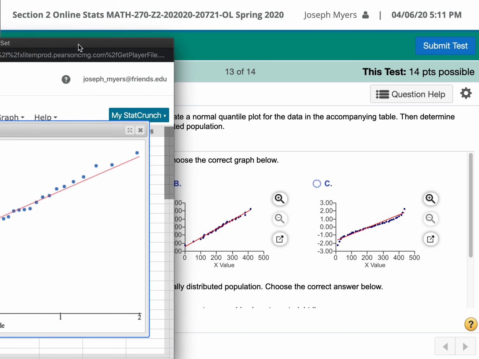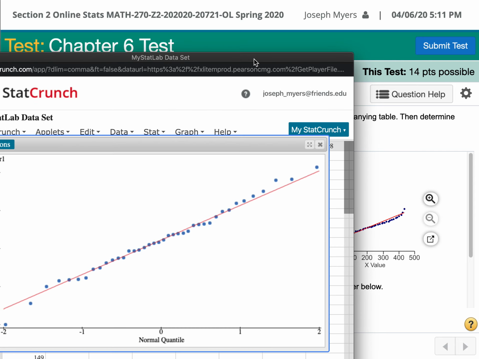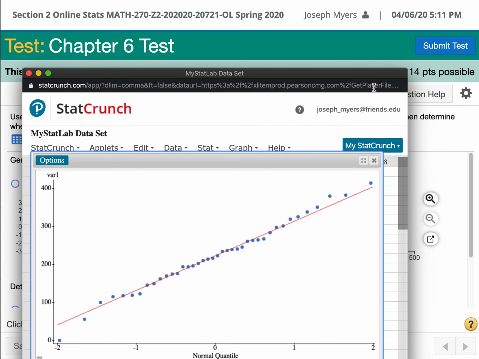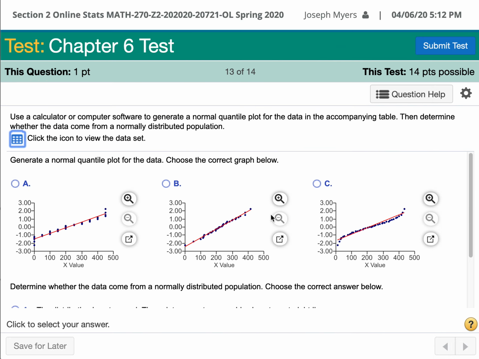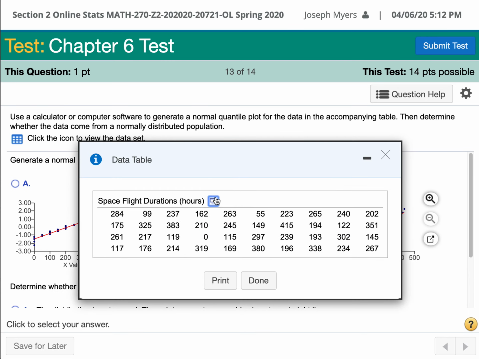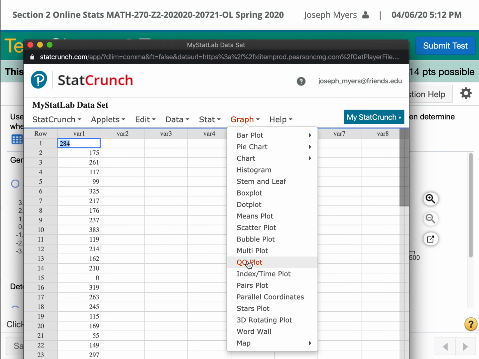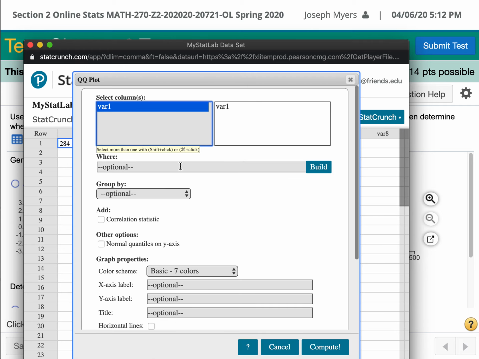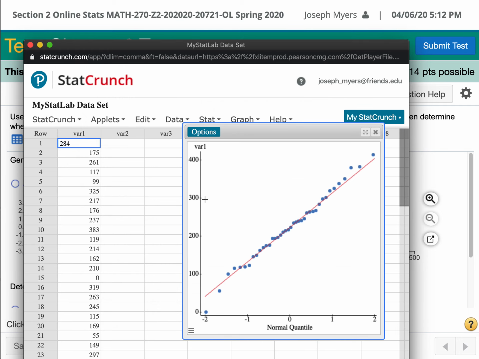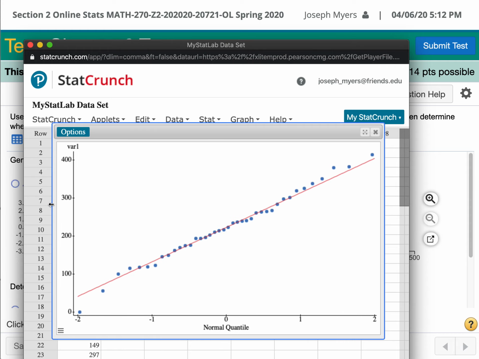Let's see. This does not look quite the same as any of those. Let me try it again. So open in StatCrunch. So graph, QQ plot, variable 1. So I get that.